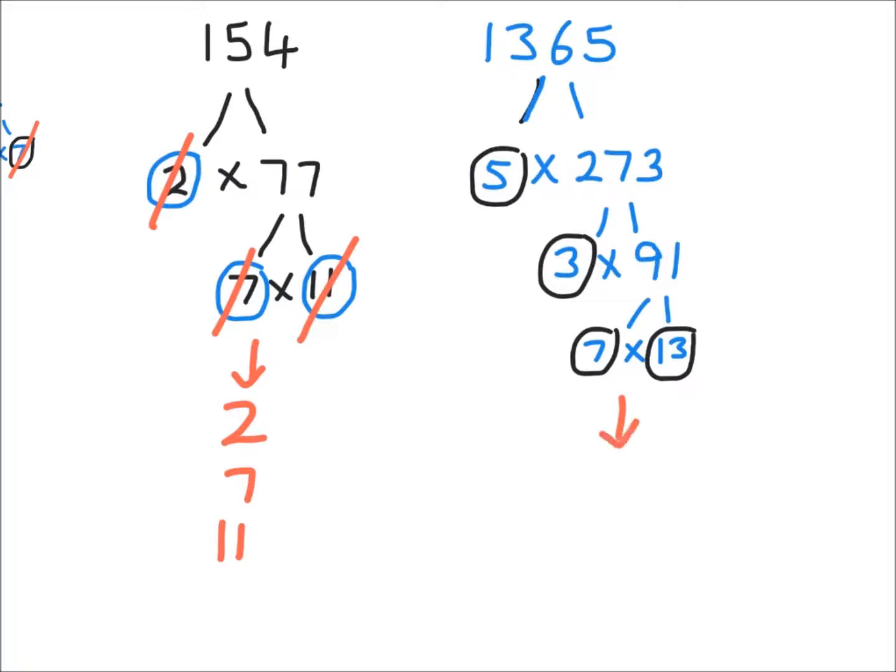Let's now list the prime factors of 1,365. I'm looking for the smallest first, which is the 3. I'm looking for the next smallest, which is the 5, then the 7, then the 13. Now, to find the highest common factor, we're going to compare them and see what we've got.